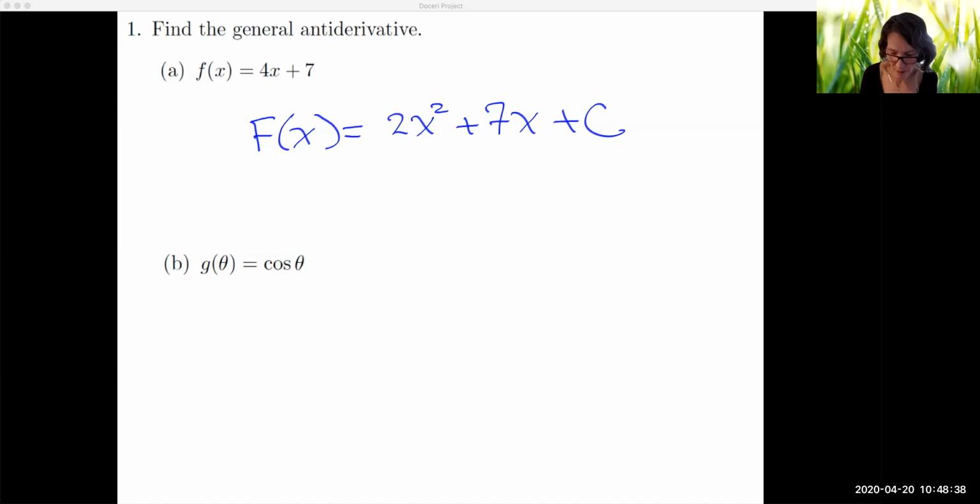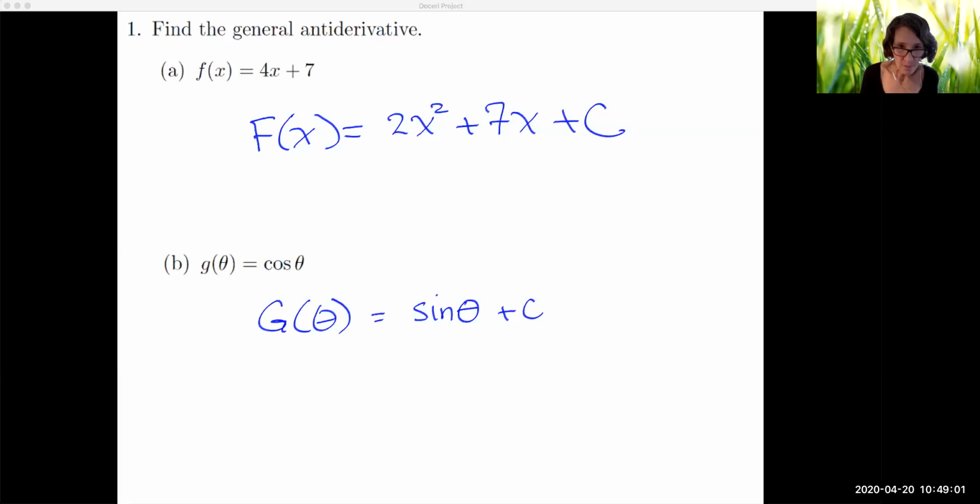In part B, the antiderivative is capital G of theta, which should be sine of theta plus C. If you differentiate that, you can make sure I got the right answer. And I think I did.